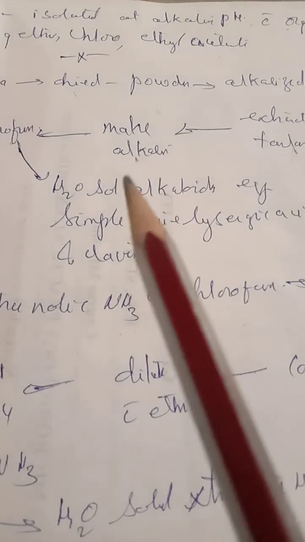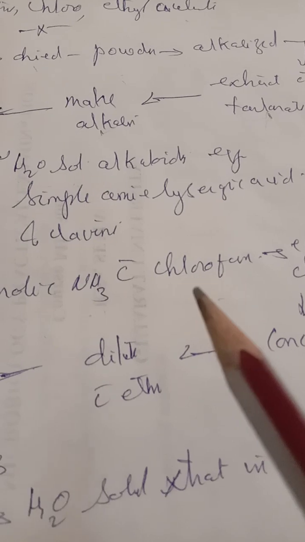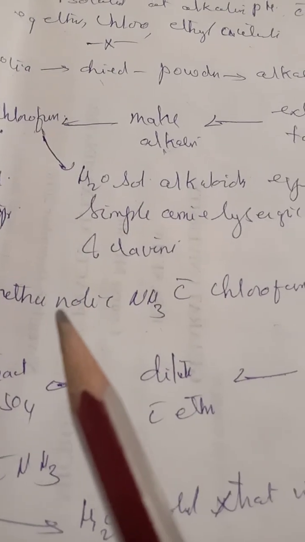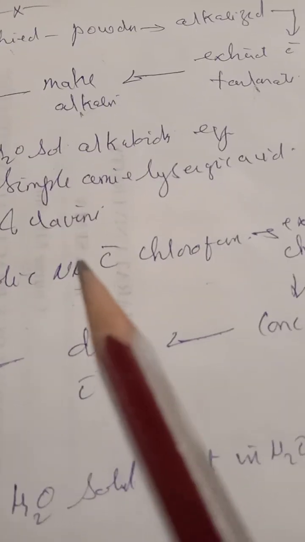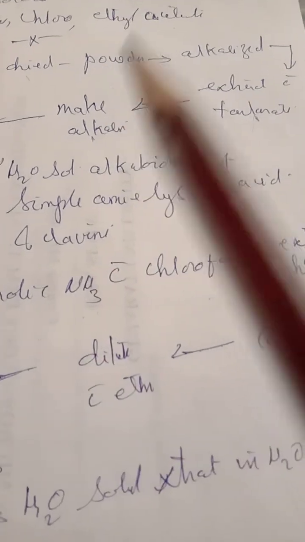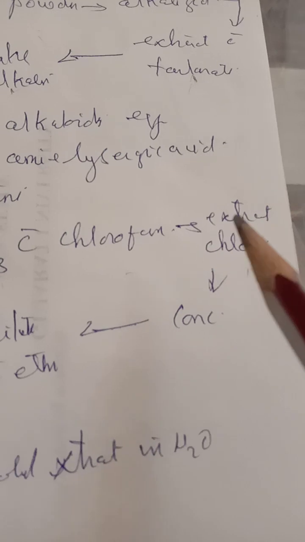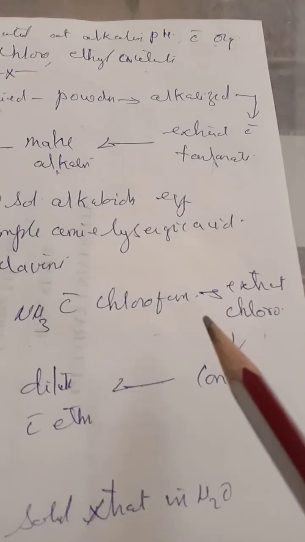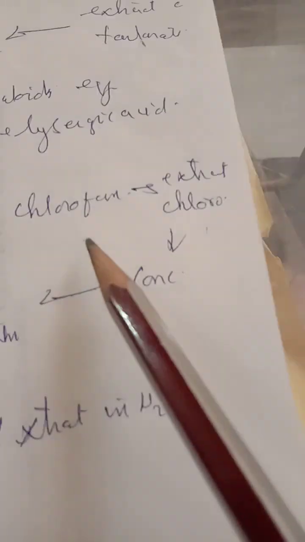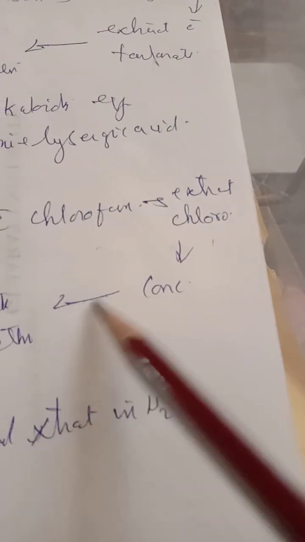So from the liquid phase it will come into chloroform, and it is better if you add methanolic ammonia because the pH will become alkaline. So whatever chloroform extracts you have will contain alkaloids.